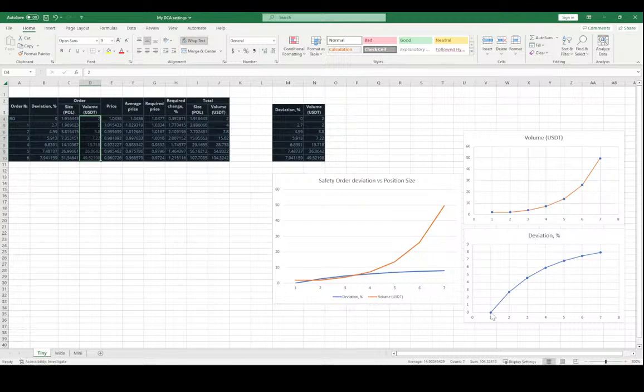So the deviation from the base order becomes smaller and smaller in percentages, almost so that there's very insignificant difference between the fifth and sixth safety orders. So this one first is the base order, and then these are the safety orders.